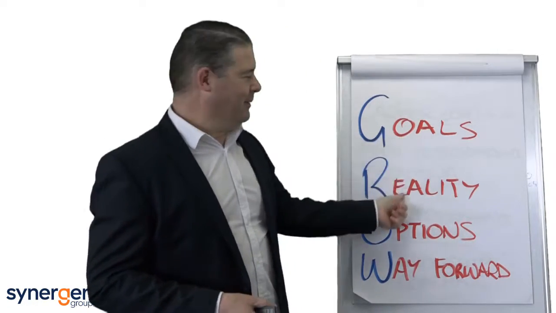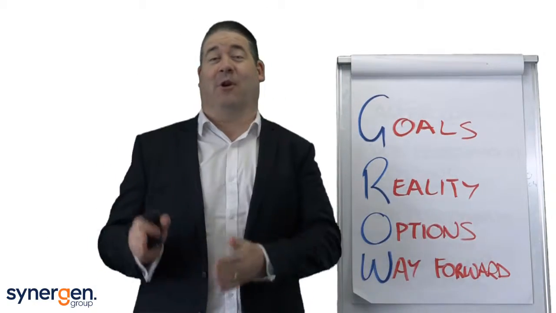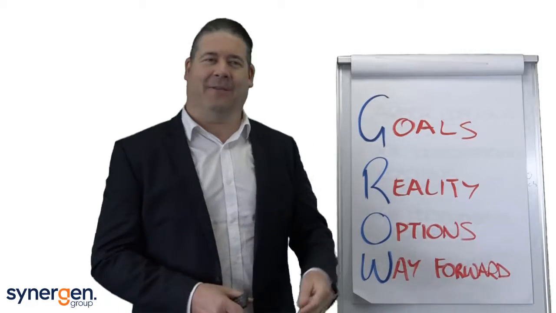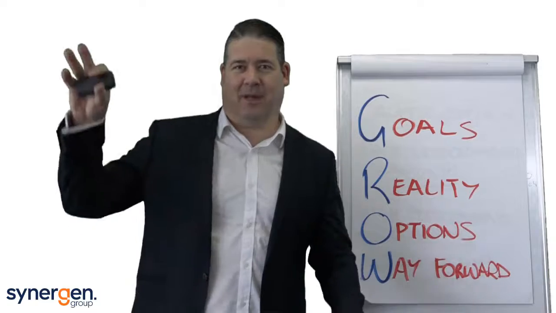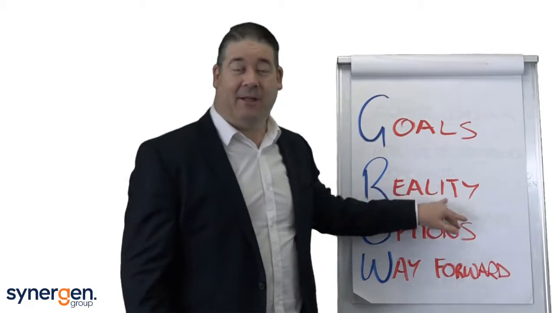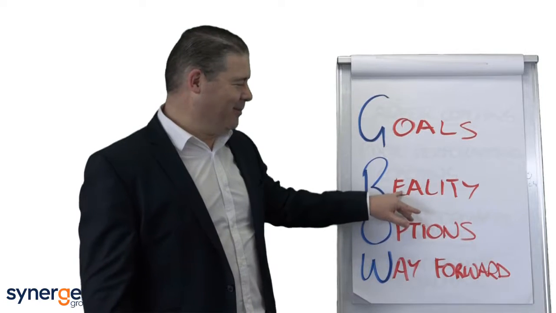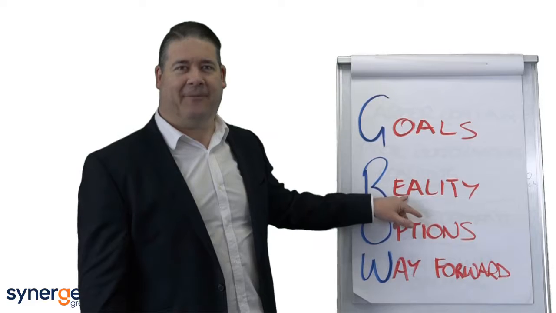But that's no good unless we have a sense about what the reality is. Where is the person right now? You're not suddenly going to skyrocket from A to B unless you're clear about where you are right now. Quite often this is one of the challenges that people have, they have really high aspirations, but they're just starting out.